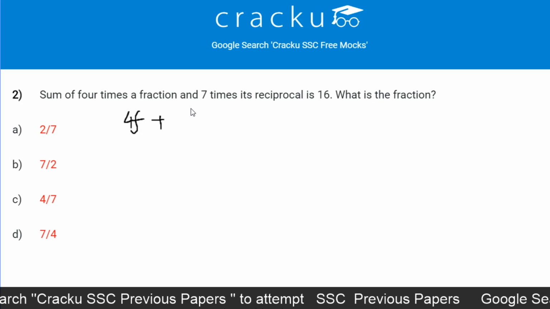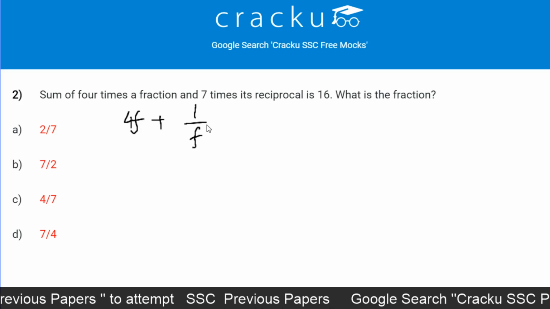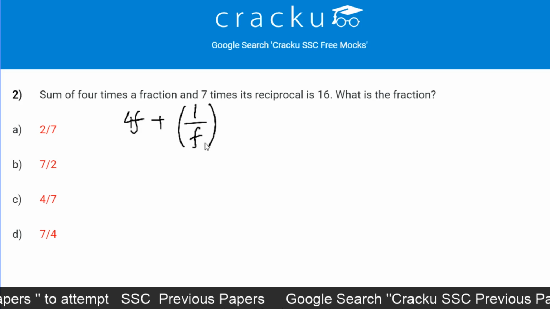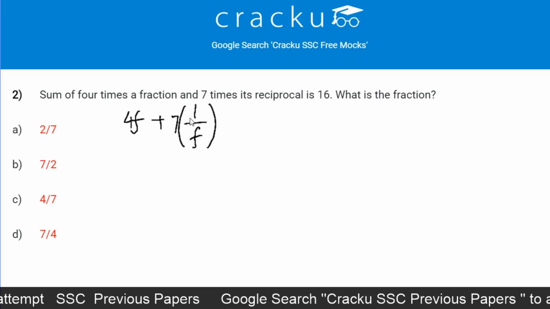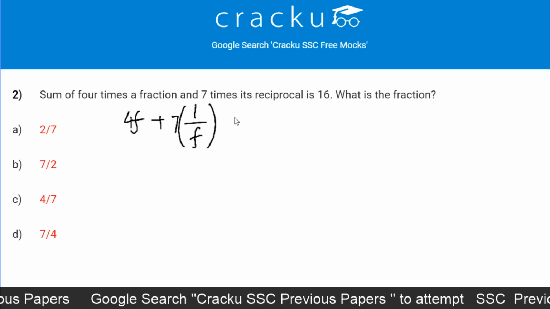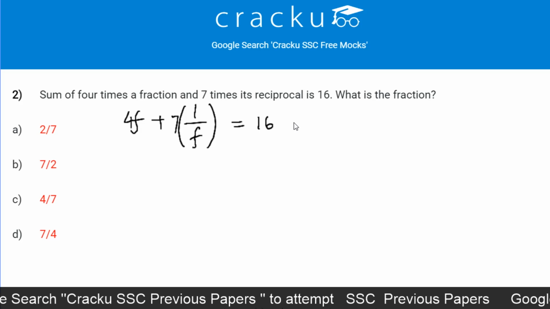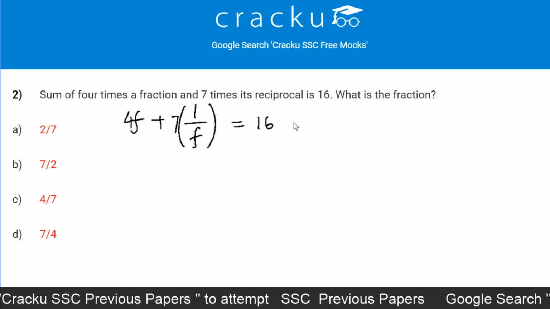What is the reciprocal of this fraction? 1 by f. The sum of 4 times a fraction and 7 times its reciprocal is equal to 16. Now we need to find f.